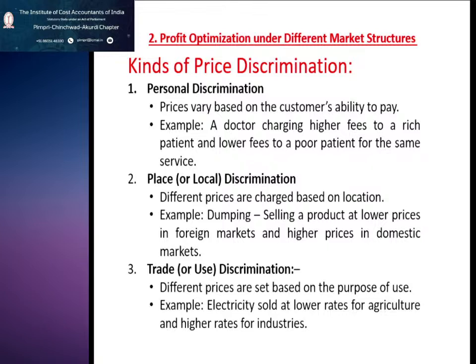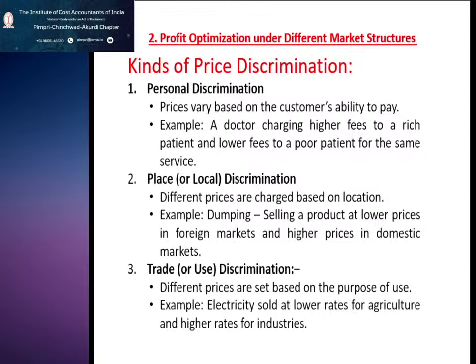The third is trade or use discrimination. Here, different prices are set based on the purpose of use. For example, electricity is sold at lower rates for the agricultural sector and higher rates for industries, because the kind of profit generation done by both sectors is different, and hence based on the use, the discrimination is done in the prices.